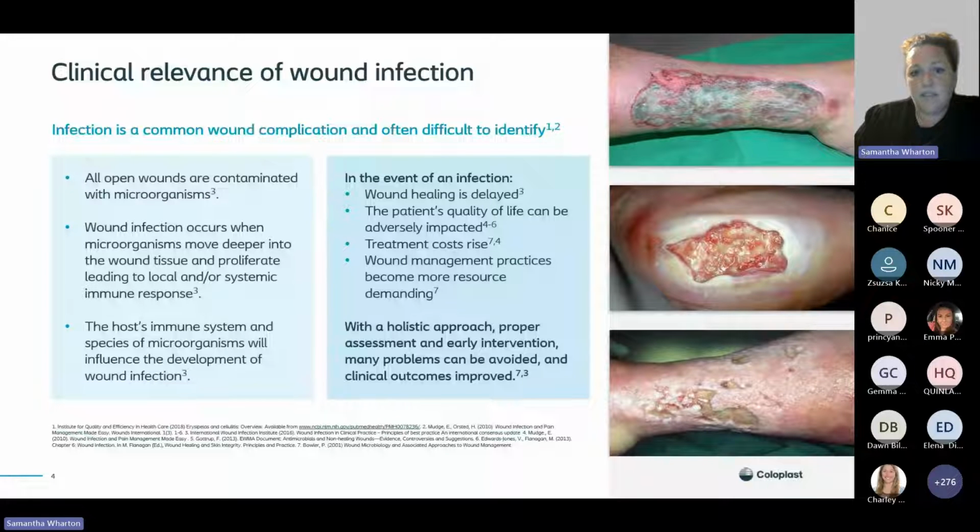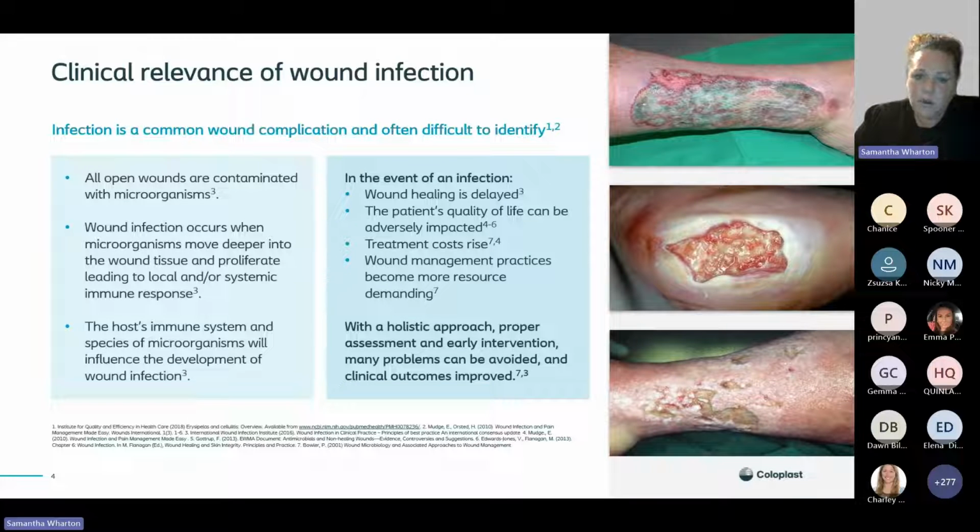If there's systemic infection, they may need additional medication, so antibiotics, or they could need IVs and admission to hospital. So again, it's all those increases in the cost to the NHS and those demands on the NHS, which just increase with wound infection.